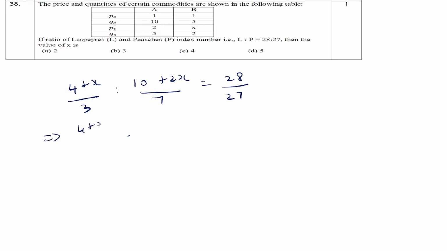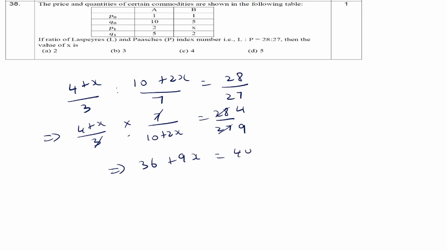Or 4 plus X by 3 into 7 by 10 plus 2X is equal to 28 by 27. So from this we need to find X. So we get 36 plus 9X is equal to 40 plus 8X, or we get X is equal to 4. So the correct option is option C, X is equal to 4.